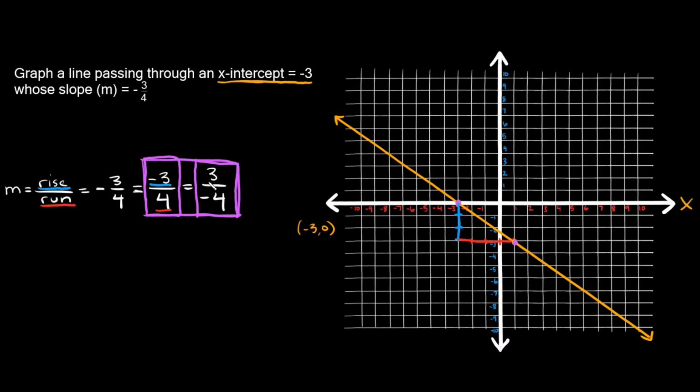So here, the slope is +3 over -4. This means we're going to go up 3 spaces, and then back, or to the left, 4 spaces. Starting from the point that we found, we go up 1, 2, 3, and then back 4 spaces: 1, 2, 3.